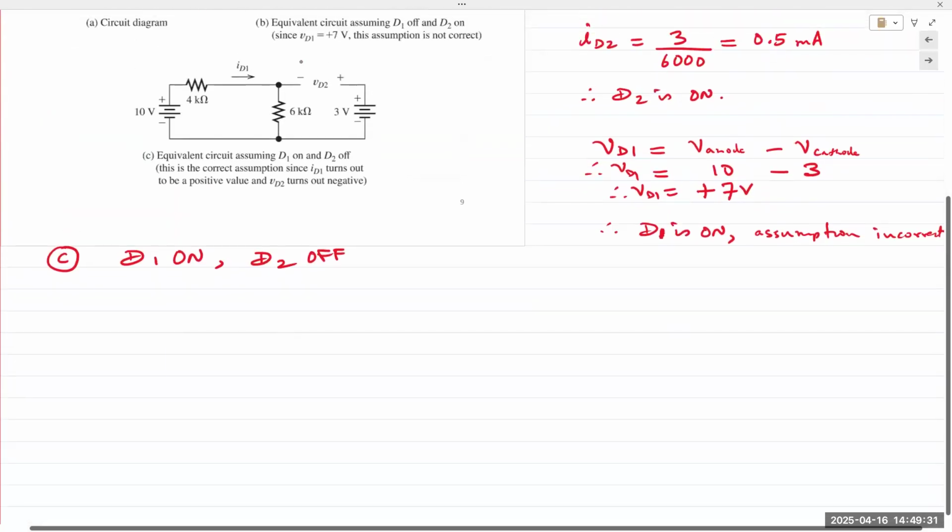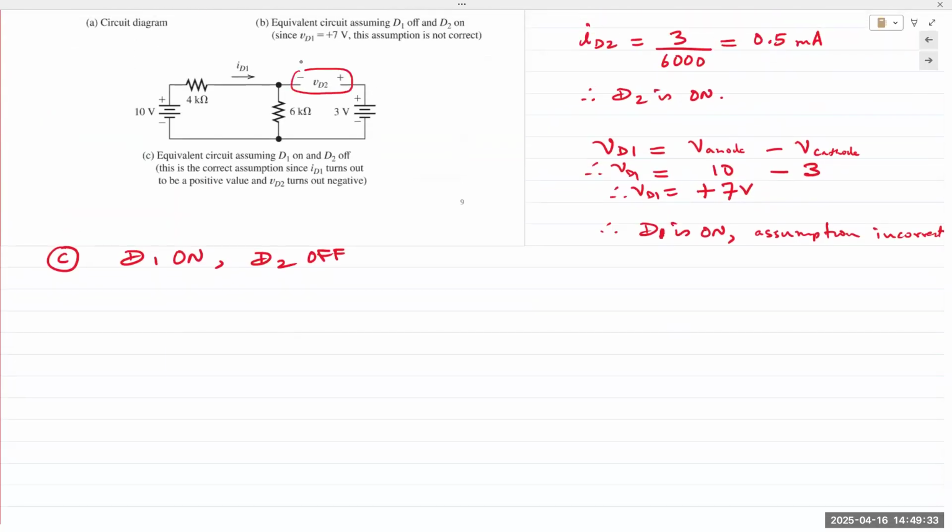If D2 is off, replace with an open circuit. And D1 on is replaced with a short circuit. So the left side is disconnected from the circuit itself because, again, it's left open.